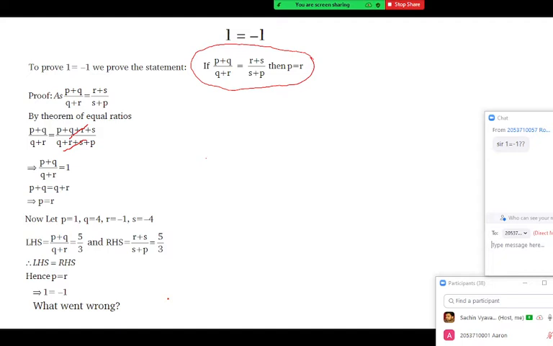So anyone got the clue here, where we went wrong? Or is 1 equal to minus 1 true now? We already proved it, so you can use it anywhere now.